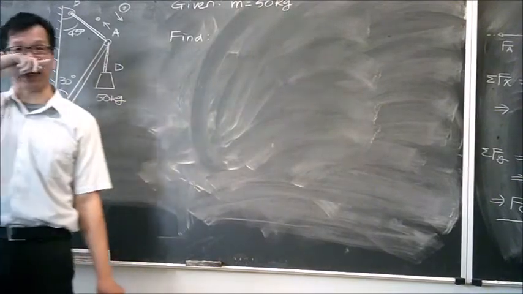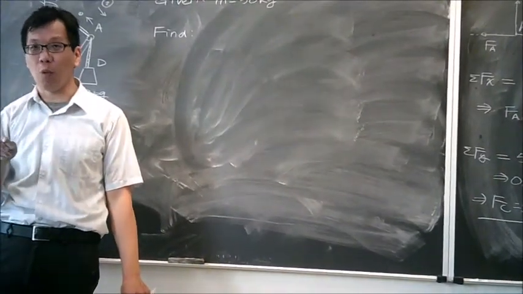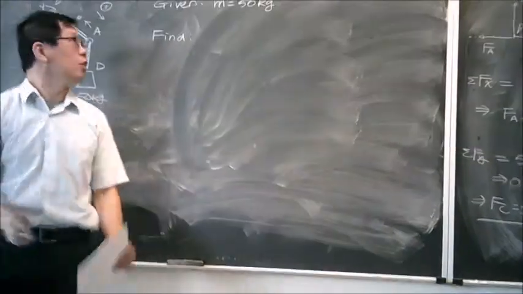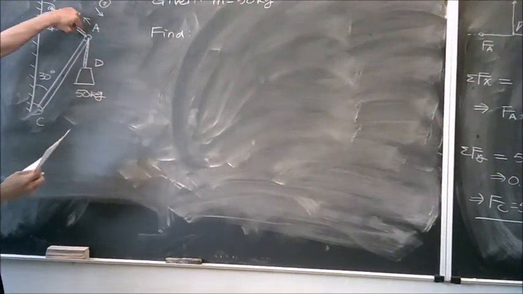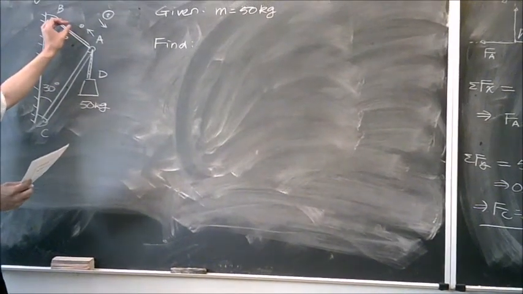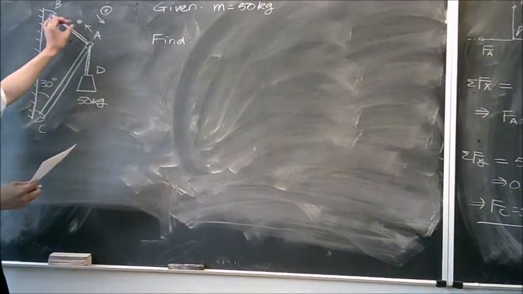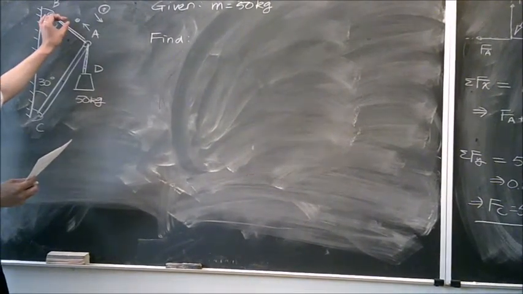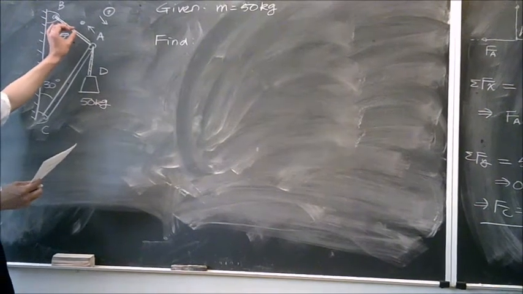Because when we use a cable, it will only provide force when it's tightened. If you are trying to support the force in this direction, it's going to be slack. When it's slack, the force is 0. So in other words, the force on the cable, either you have more tension or you are going to have 0. If it's slack, it's not going to provide any force.